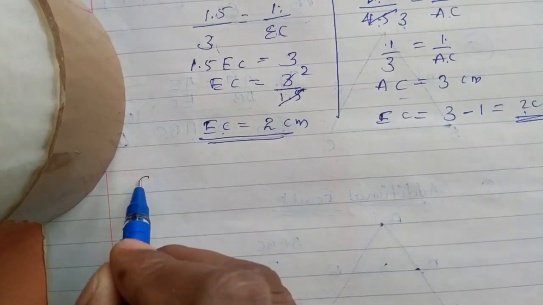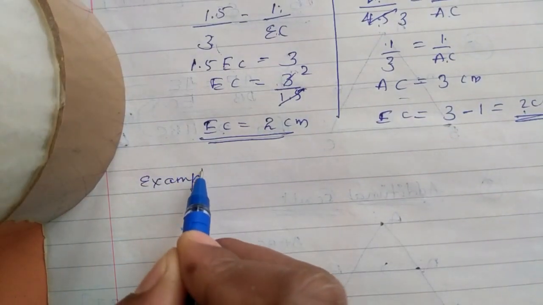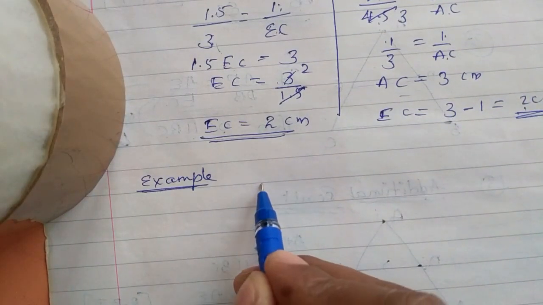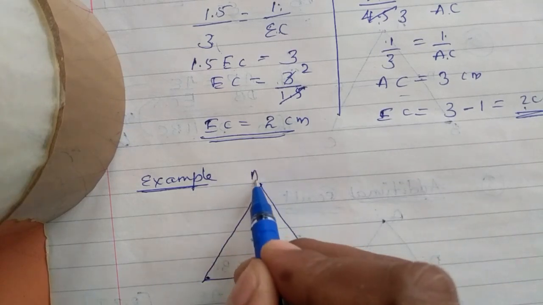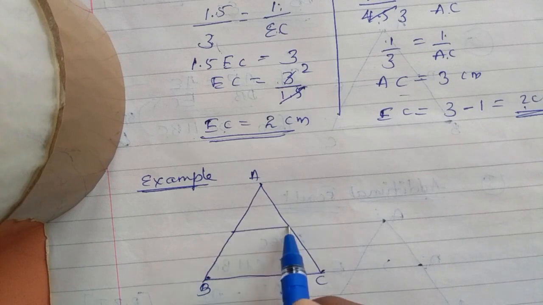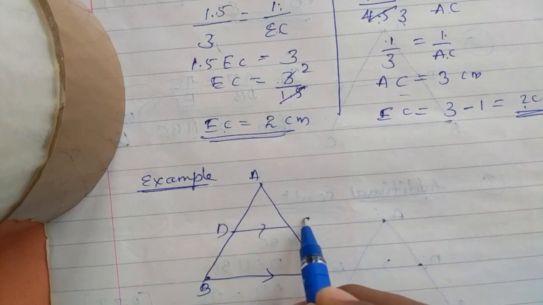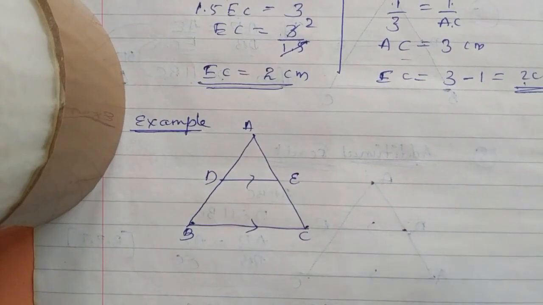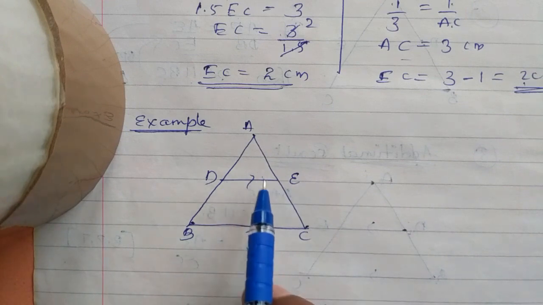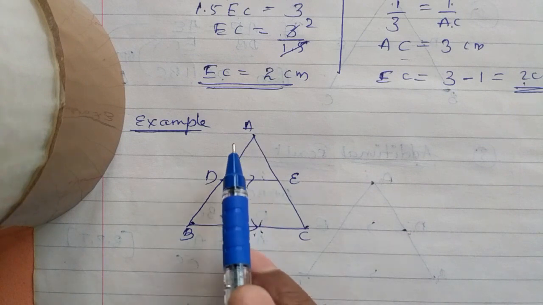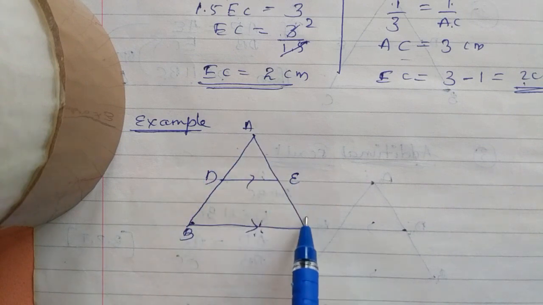Let us see another example. Again I remind you, before using BPT, the important condition is that one pair of lines are parallel and the other two sides' lengths are discussed.